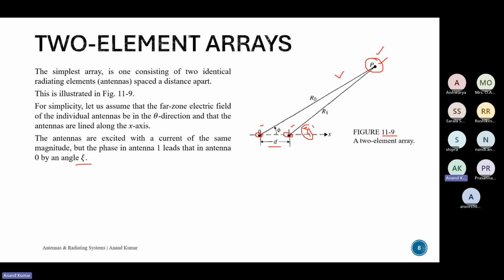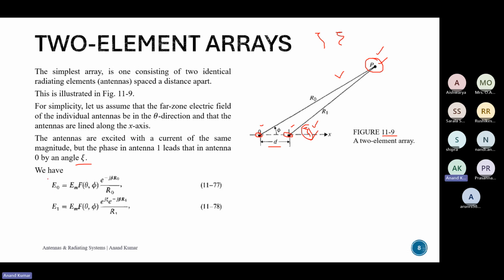I'm hoping I'm saying the correct Greek alphabet name; I'm a little confused with what we call xi and psi. So this particular element has a phase difference of xi.